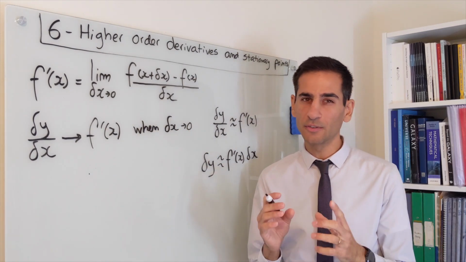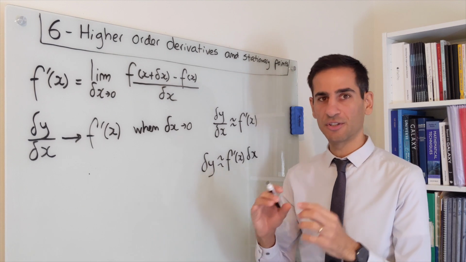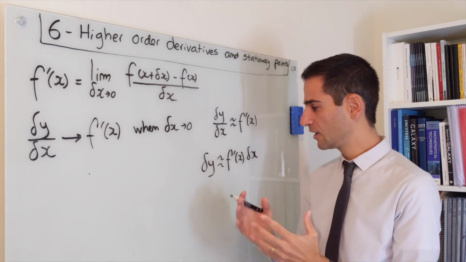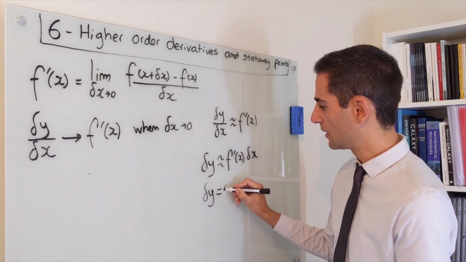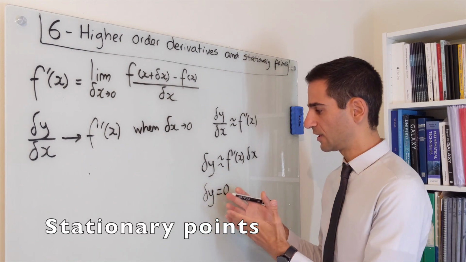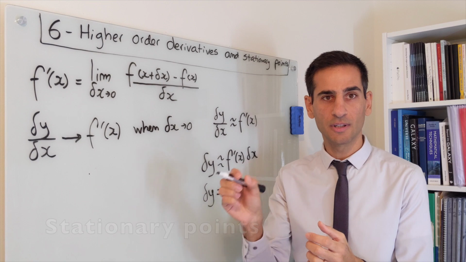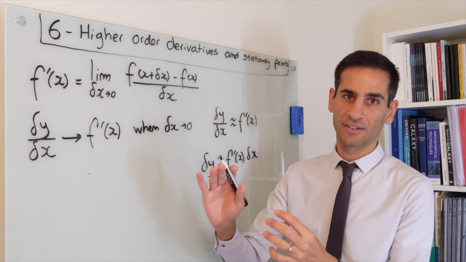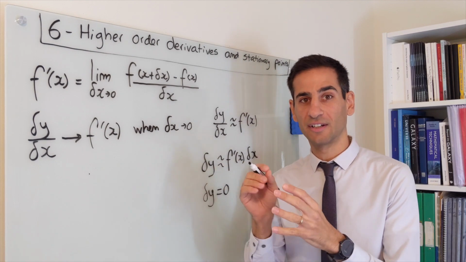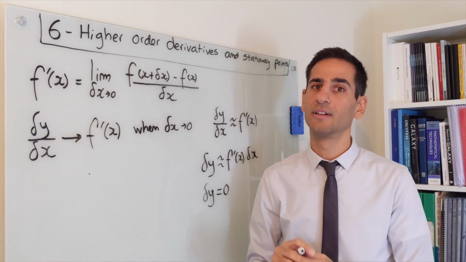This means that if we want to find out points for which there is no variation in the function, we're essentially looking at points for which dy is 0. The way we've defined dy is the small difference between the value of the function at x and the value of the function at x plus this very small quantity dx.